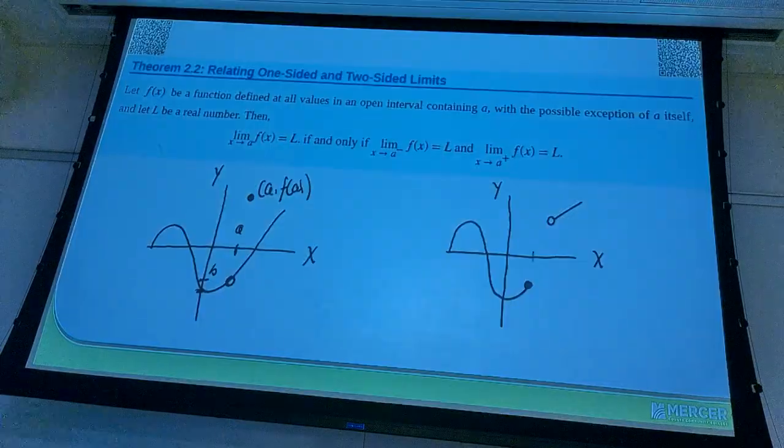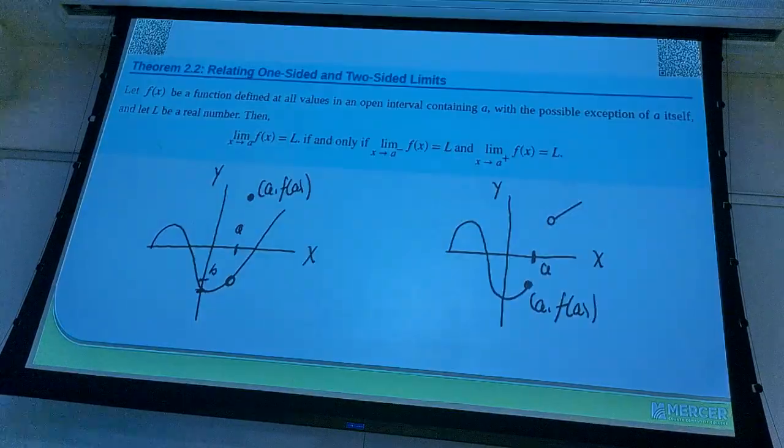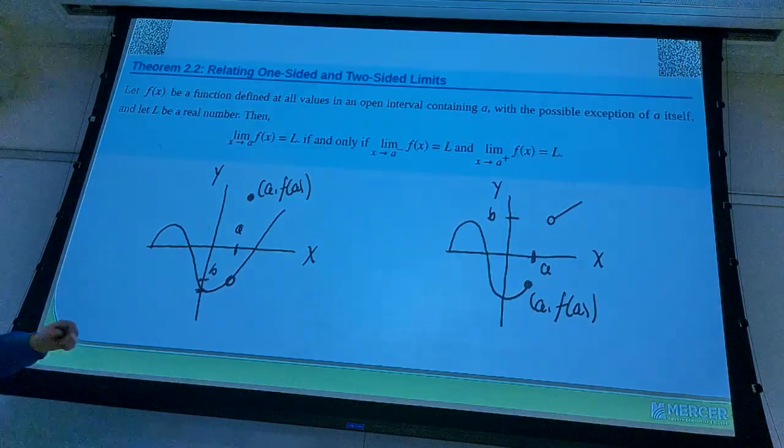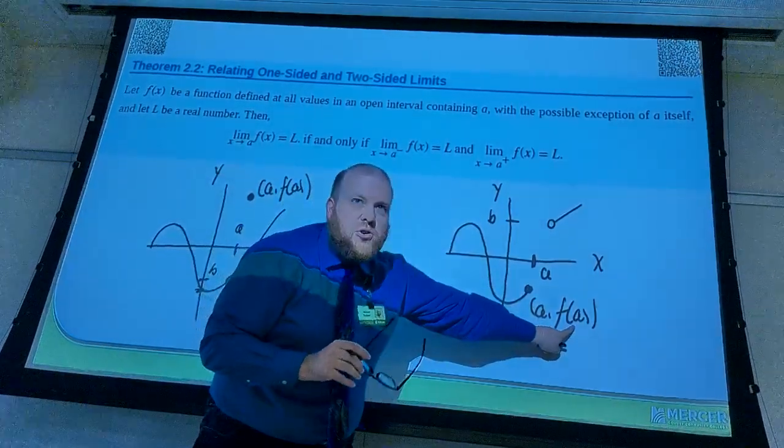Again, this is going to be our A value. I don't know what to call this. That's clearly f of A, right? That's a closed point. Up here, we'll say it's B. As we're coming in from the left now, we approach f of A, right?